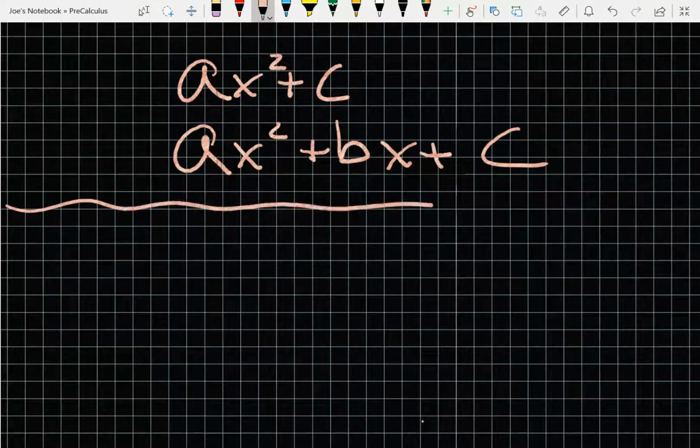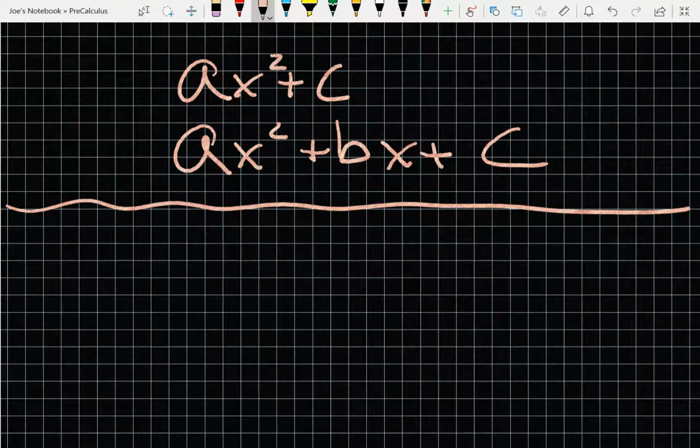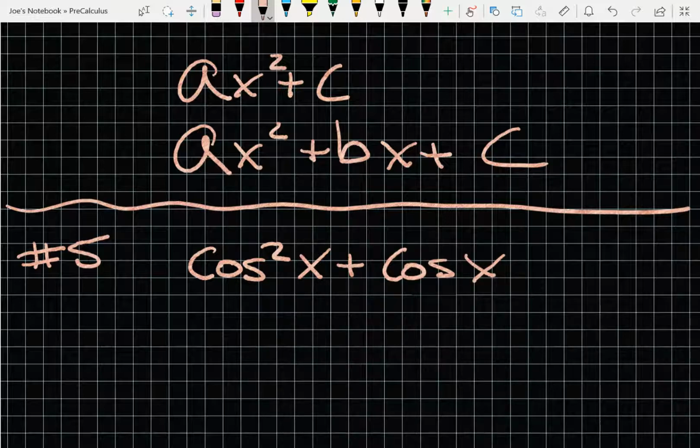Let's look at one of those in the trigonometric form. That would be something like, let's see, I'm going to have my lead squared term: 1 cosine squared plus 1 cosine minus 2.